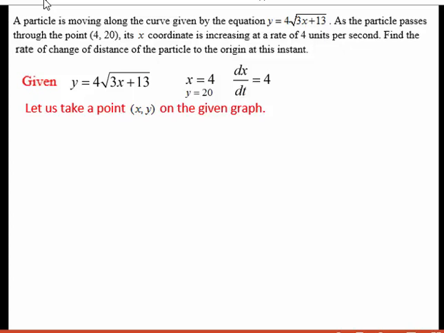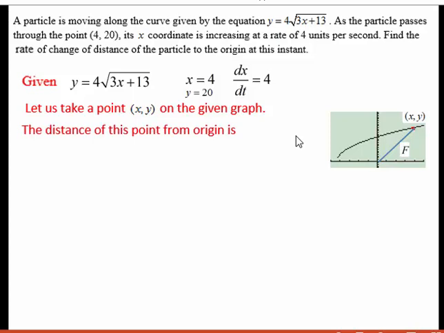Let us take the point (x, y) on the graph because we need to find the distance from the origin. You can compare this problem with the previous one. The point (x, y) is on the graph and we are interested in how this distance is changing. The point is here, this is the distance. The distance changes every time the particle is moving.